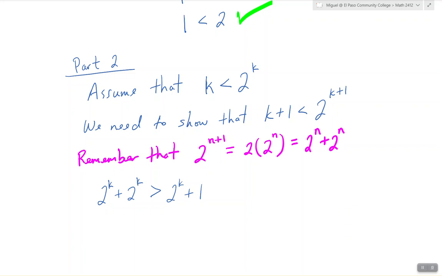Now, we're saying this because we're going to say 2 to the k plus 1 is bigger than k plus 1.